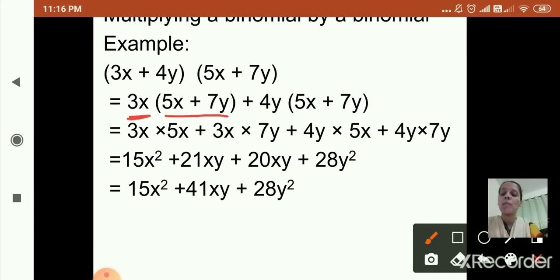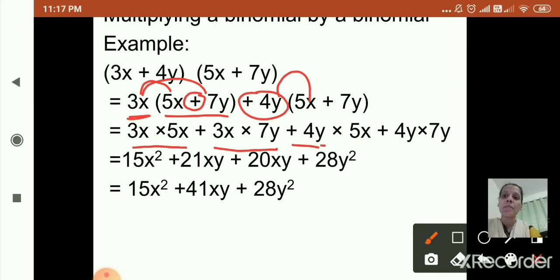So you will multiply 3x by 5x and 3x by 7y, with a plus sign in between. Now plus 4y multiply by 5x, plus sign in between, and plus 4y multiply by 7y.